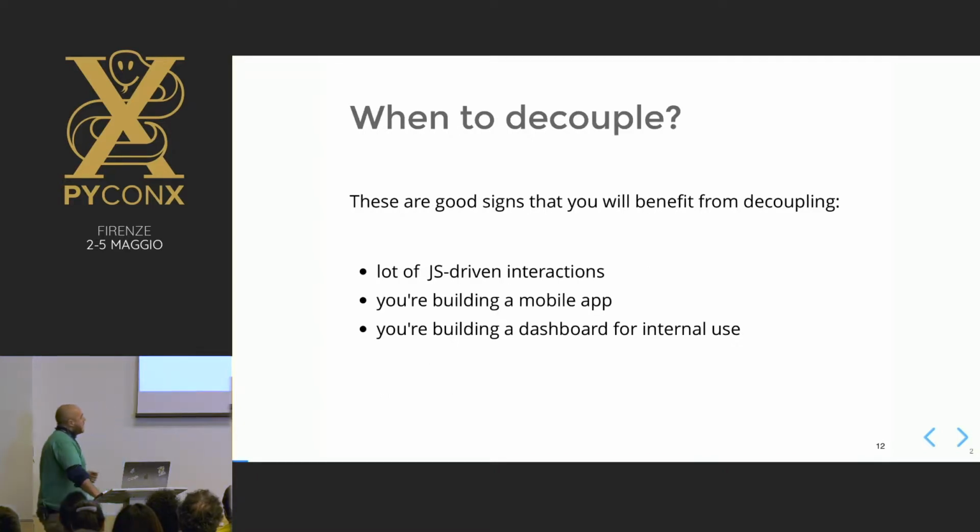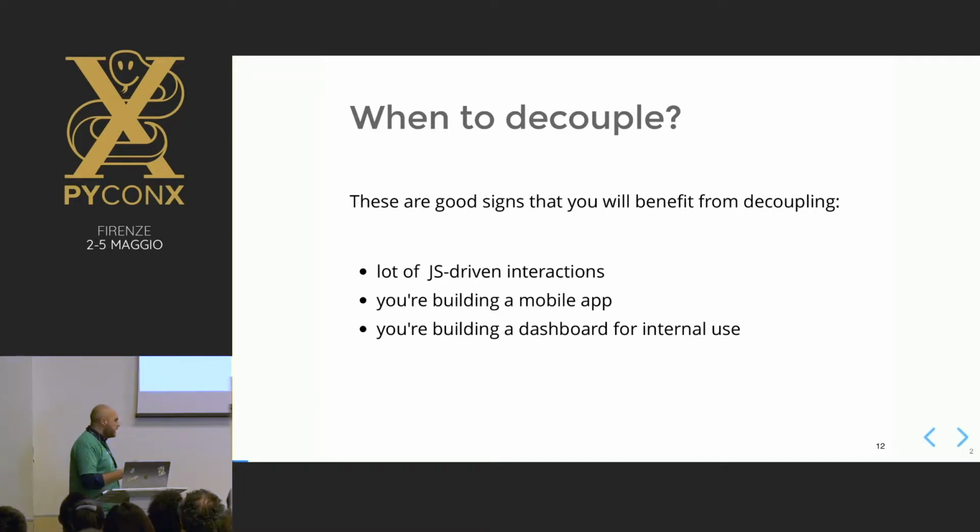So when to decouple? Not every application needs to be decoupled. I want to stress on this. If your application has a lot of JSON-driven interaction, then it is a good sign that you may want to decouple. You're building a mobile app. So you have this mobile app on the client's phone, and there is a backend interacting with the app.